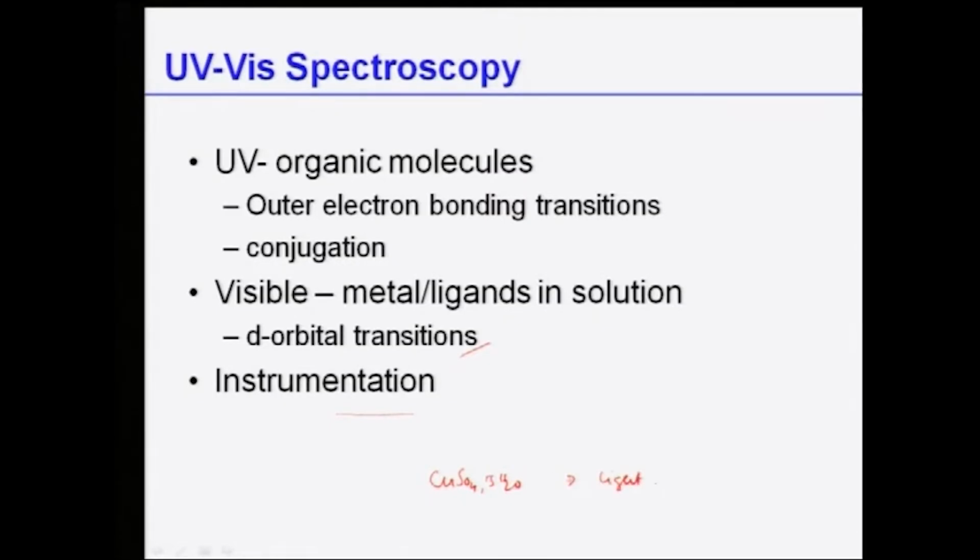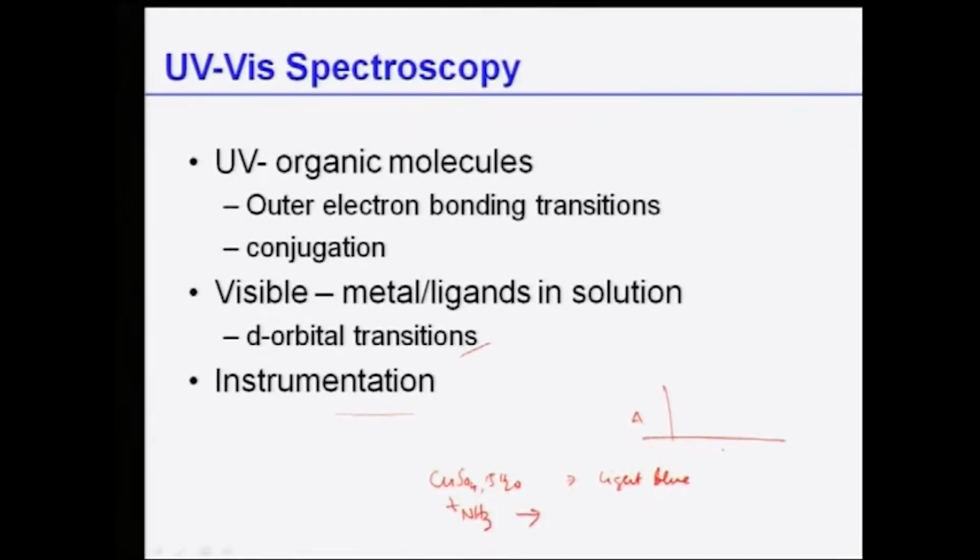We all used copper sulfate in school days for doing experiments. If we add ammonia, NH3, to it, the blueness of the copper sulfate increases, and that means there is a change in the wavelength where the absorption maximum happens.